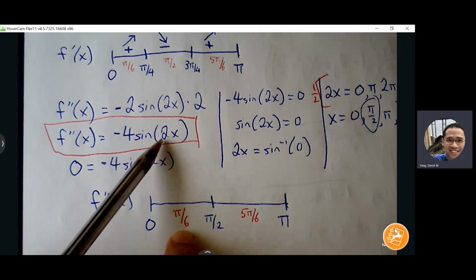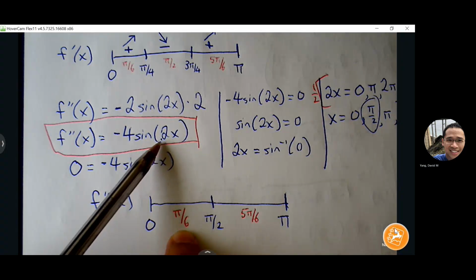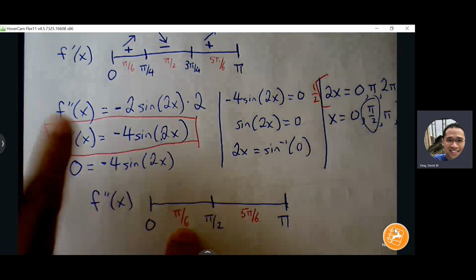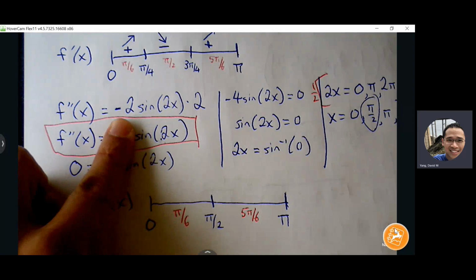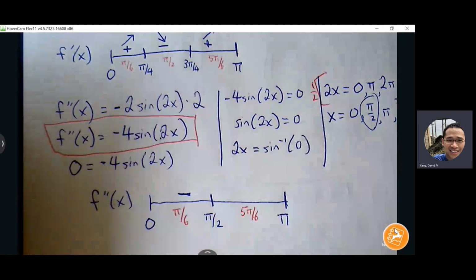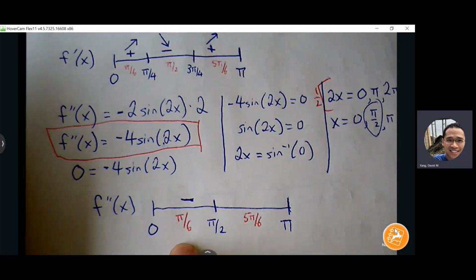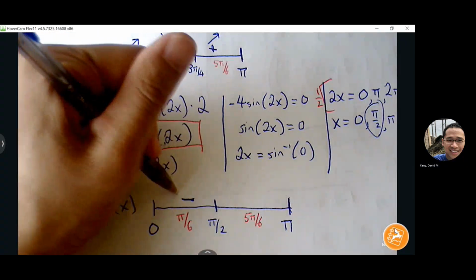It's not really pi over 6, it's really 2 pi over 6, which is pi over 3. Okay, so sine of pi over 3, that's first quadrant, so we know that's going to be positive times -4, which is negative. So what does that tell us? This interval is second derivative, so negative means concave down.